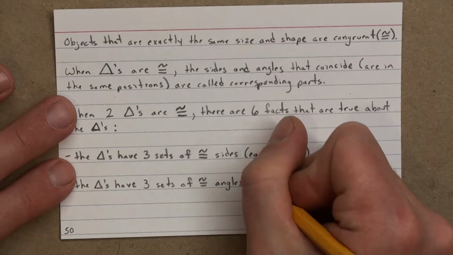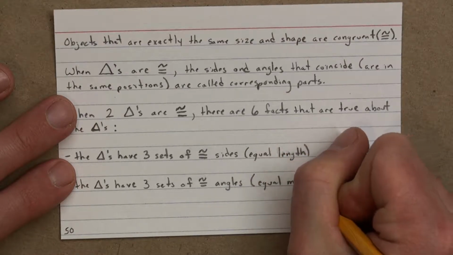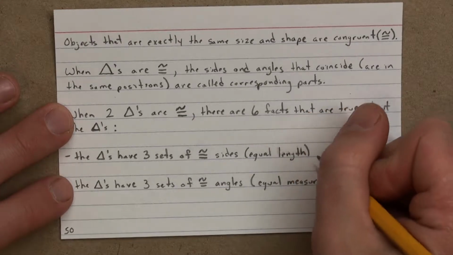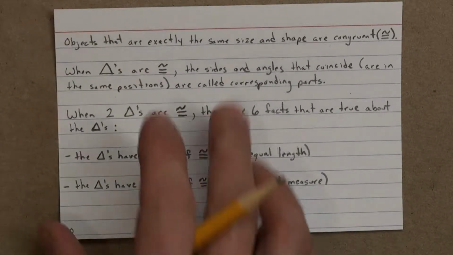The sides would be length and the angles will say equal measure. Okay? So, let's draw a picture of this.